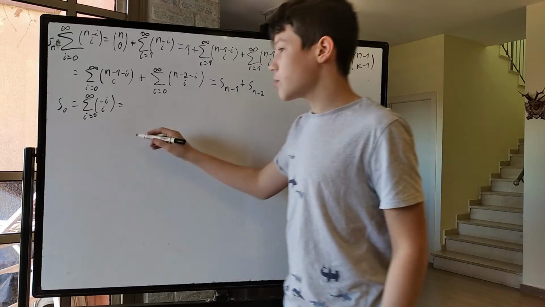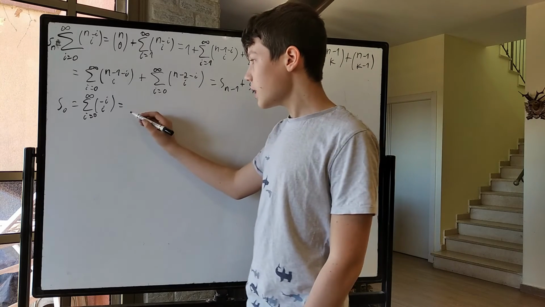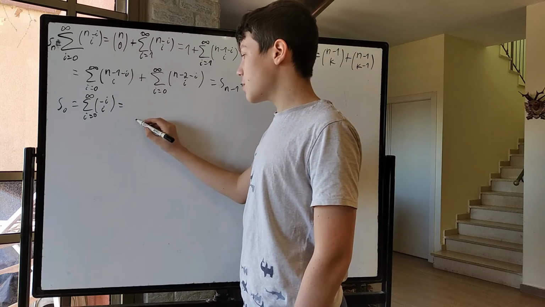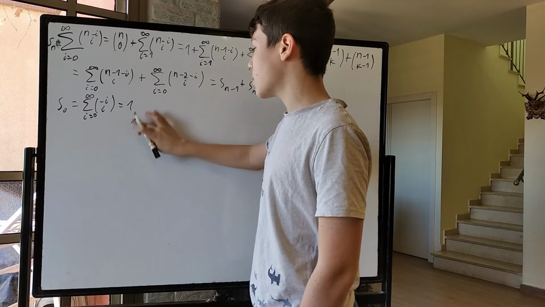It's going to be just the first term, and then the rest are zeros because they're empty spaces. And so this will just be the top number in Pascal's triangle, which is defined as 1.